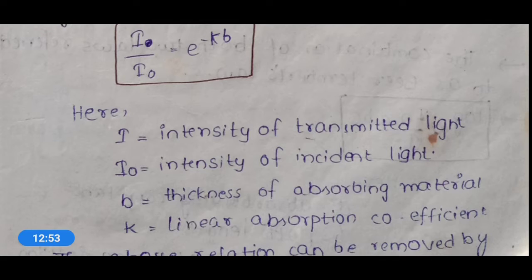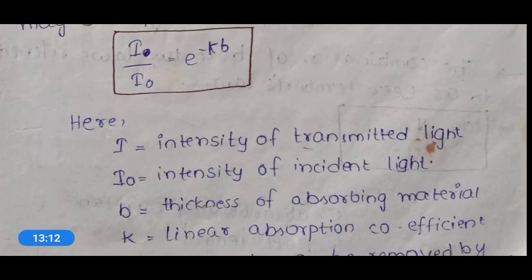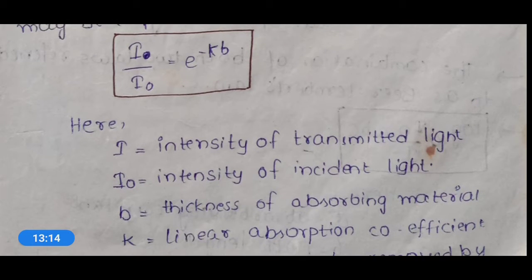Some of the light will be scattered in other directions, so that is not calculated in I, but even the scattered light or light which is not absorbed by the absorbing material is counted in I naught.